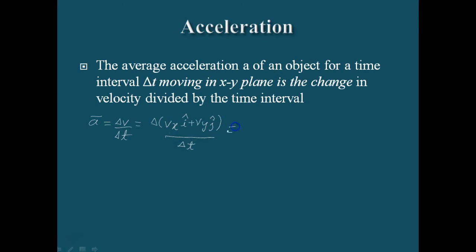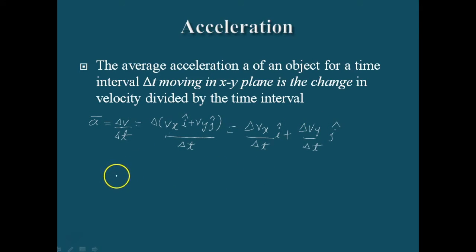You can simplify this by taking delta Vx by delta t into I cap plus delta Vy by delta t into J cap. This is the average acceleration.